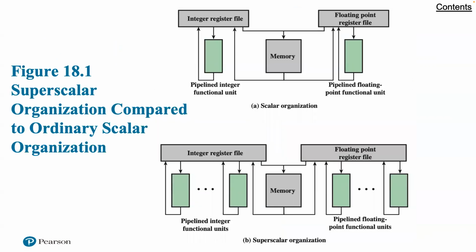So here in figure 18.1, it compares in general terms the scalar and superscalar approaches. In traditional scalar organizations, there is a single pipeline functional unit for integer operation and one for floating point operation. Parallelism is achieved by enabling multiple instructions to be at different stages of the pipeline at once. In the superscalar organization, there are multiple functional units, each of which is implemented as a pipeline.